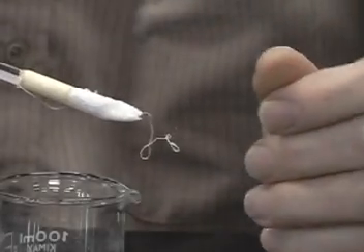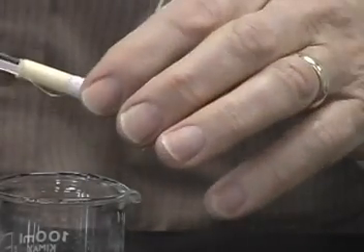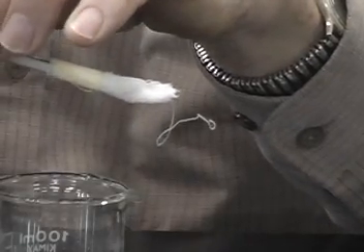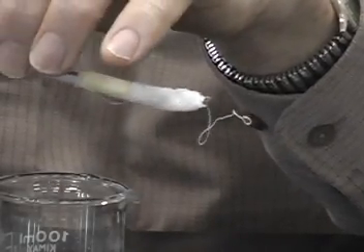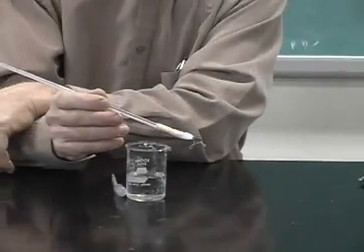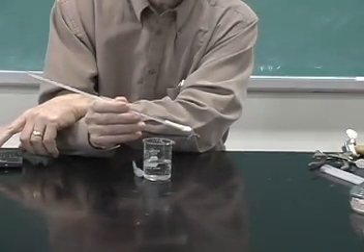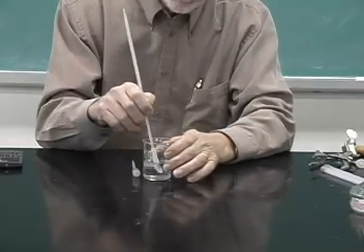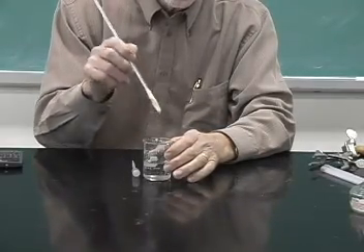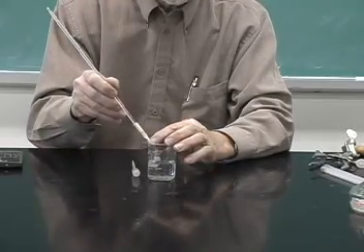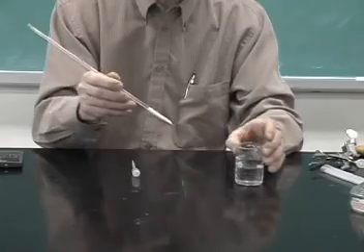I can then wet the bulb and cause evaporation. So the temperature of my thermometer currently is 23 degrees Celsius. I'll put it into the water and soak it. So now we have what we call a wet bulb thermometer.